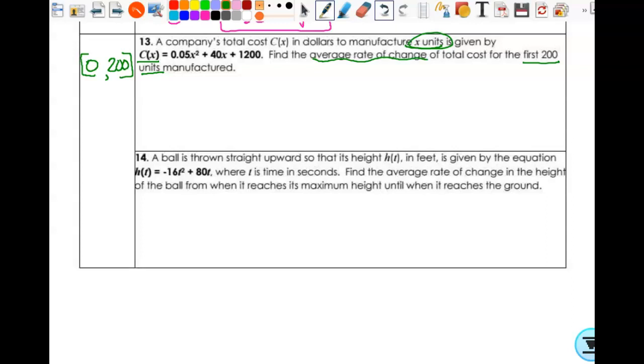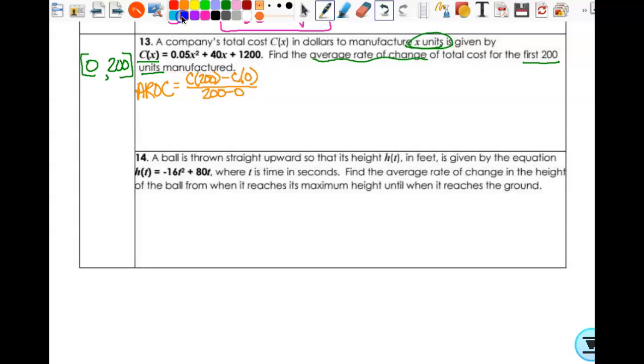Now, average rate of change and the slope of the secant line are the same thing. It literally says average rate of change right here, so we're going to call this AROC instead of the slope of the secant line, but again, they're the same thing. And this is C instead of F, so that means I want C of 200 minus C of 0 over 200 minus 0.